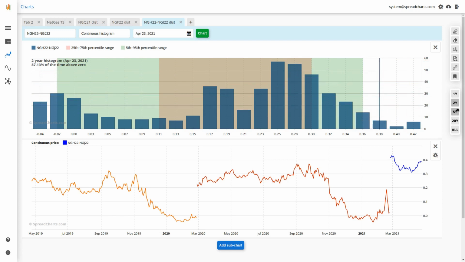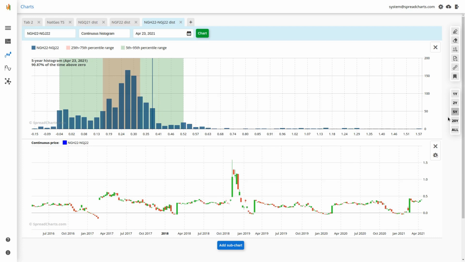But keep in mind, it's just 2 years of data, so the reliability of this statistical analysis is not very high. It's useful only in the very short term. But when I switch to the 5-year distribution, it's still slightly overbought because it's in the right green field.